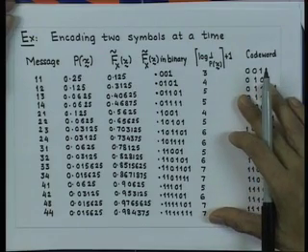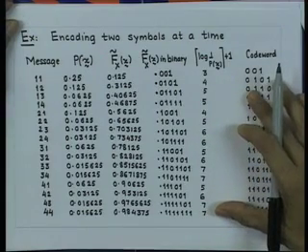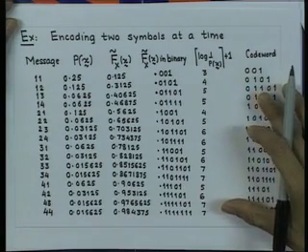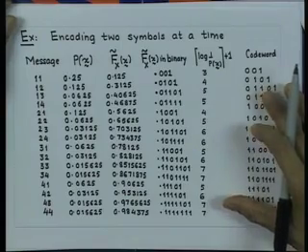Therefore, using two symbols at a time, we get the average code word length of 2.25 bits per symbol, which is certainly less than the 2.75 bits per symbol which we obtained earlier, but still this is not as good as the best average code length which can be obtained with the Huffman code, and that is 1.75 bits per symbol. However, we see that as we increase the number of symbols per message, our results get better and better.